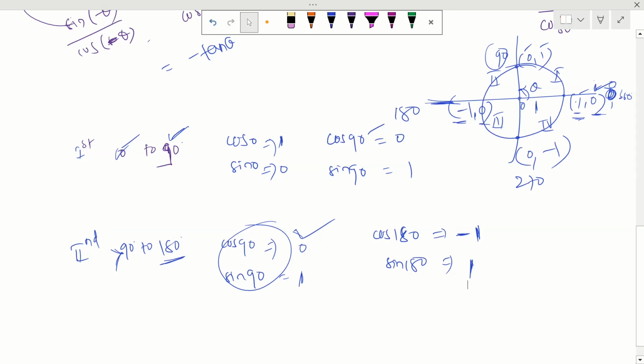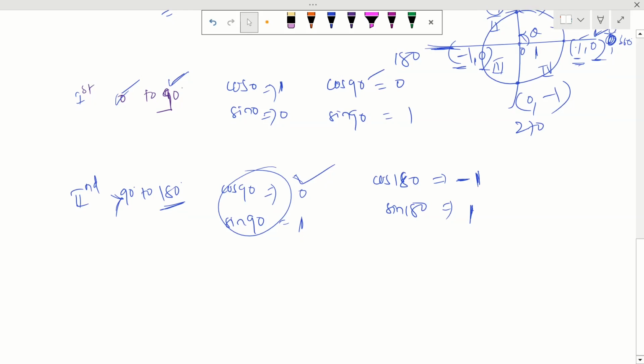Now we are writing the values for the third quadrant, which is greater than 180 degrees up to 270. Therefore here we can write cos 270 and sin 270. In this line the cos value is 0, so cos 270 is 0, and the sin value is minus 1, so sin 270 is minus 1.